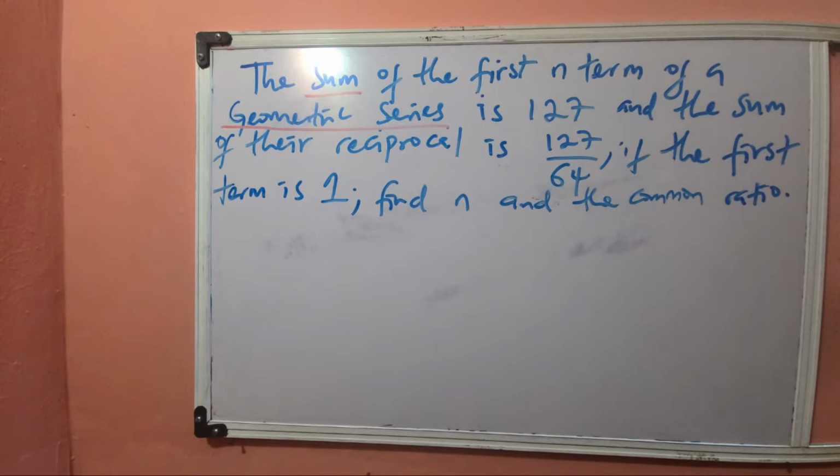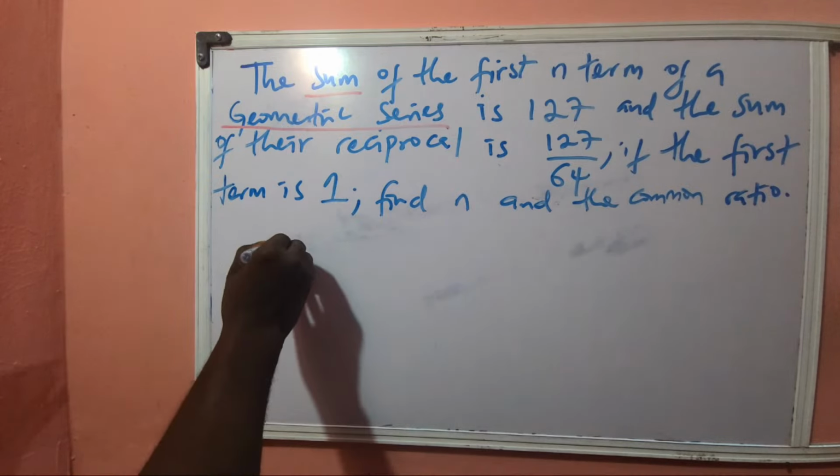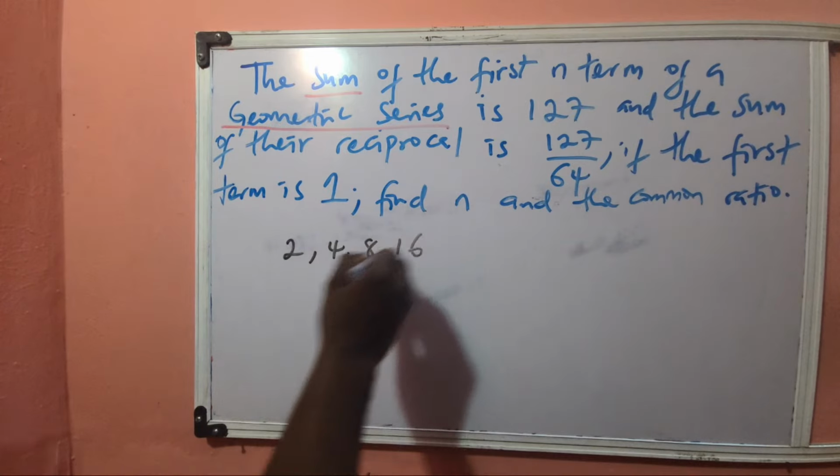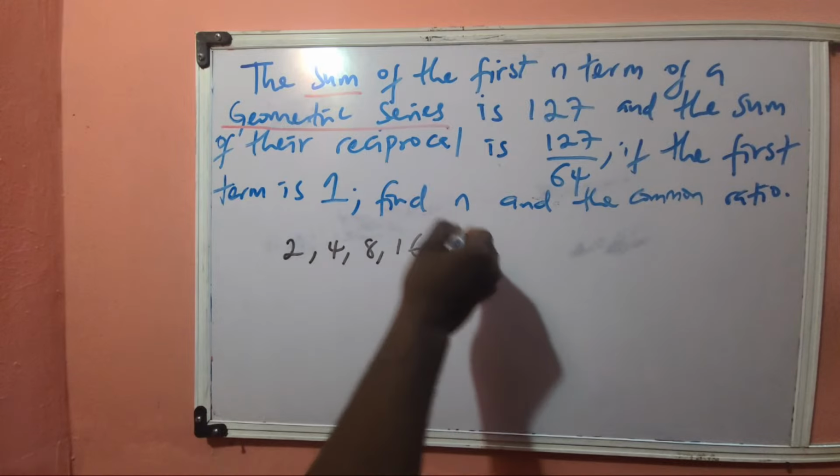All right. Now, the next detail is that the sum of their reciprocal, just in case you don't understand what that meant, is saying, imagine for instance, this was the geometric series, of course, on and on and on.